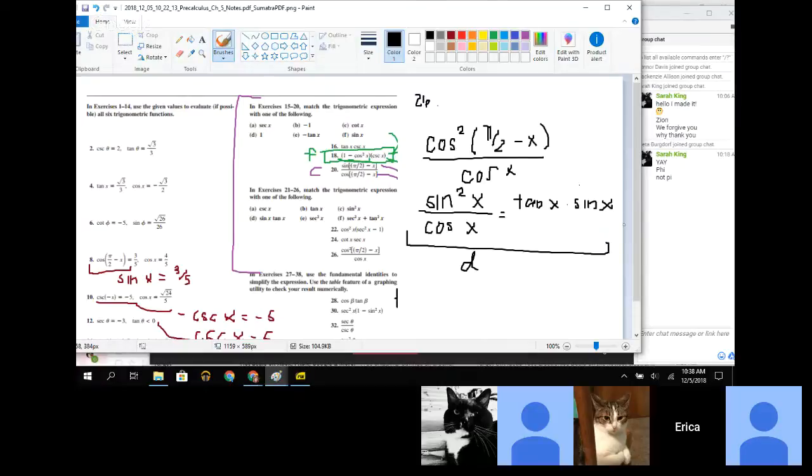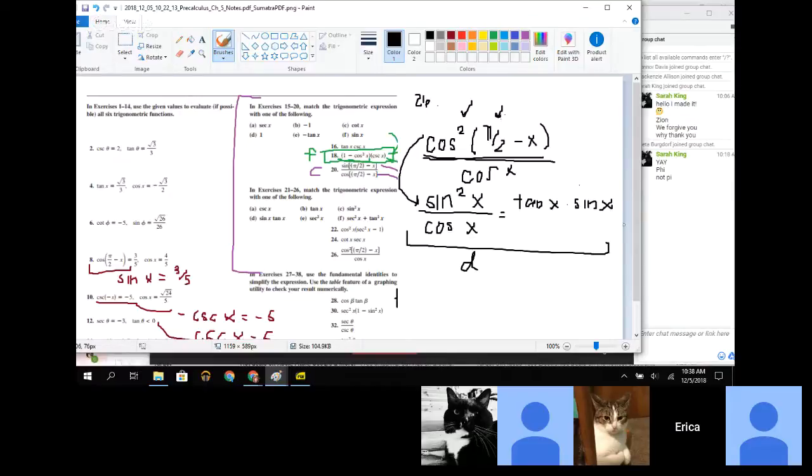All right. So what you do is you have the cosine squared of pi over 2 minus x. That's your signal that, okay, I'm going to switch that. So I can rewrite that as the sine squared of x. You're allowed to do that. I know you might be a little confused because it had a squared and it had the pi over 2, but you can rewrite that as the sine squared of x over the cosine of x, right?